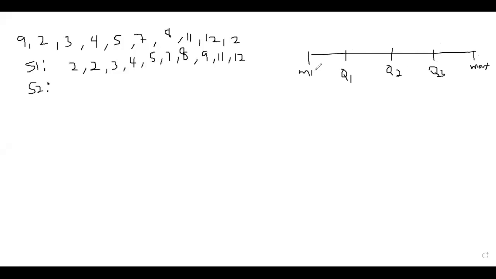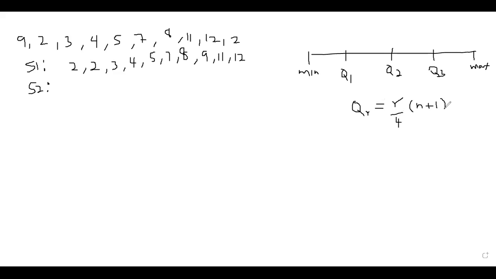The general formula we always use for the position of the quartile QR is R/4 times the bracket N plus 1.